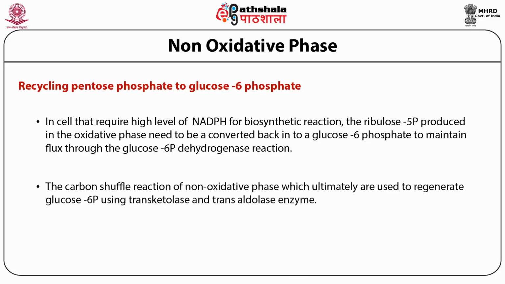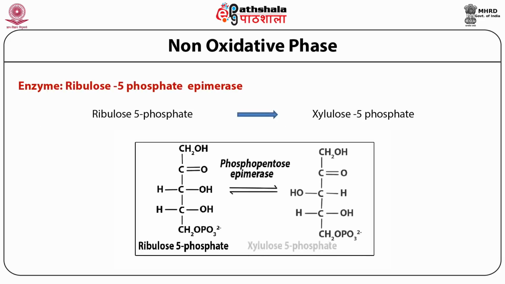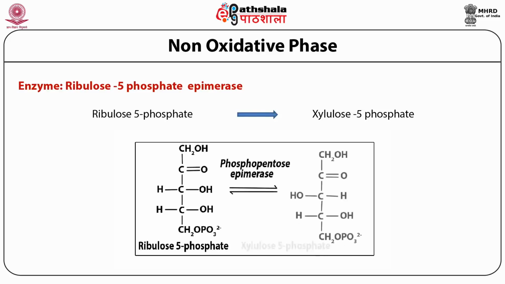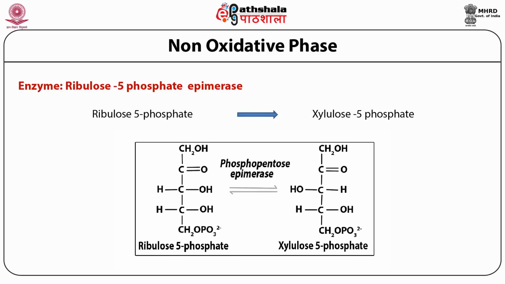The carbon shuffle reactions of the non-oxidative phase ultimately generate glucose 6-phosphate using transketolase and transaldolase enzymes. The figure shows the action of the enzyme ribulose 5-phosphate epimerase.